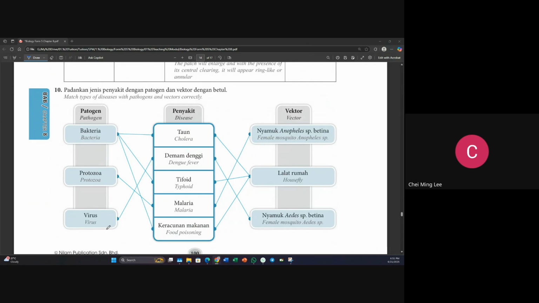While viruses, normally first, will cause dengue fever. Normally all the fever types are due to viruses. Dengue fever is caused by the female Aedes mosquito. And also bacteria will cause typhoid. Typhoid normally comes from the housefly.